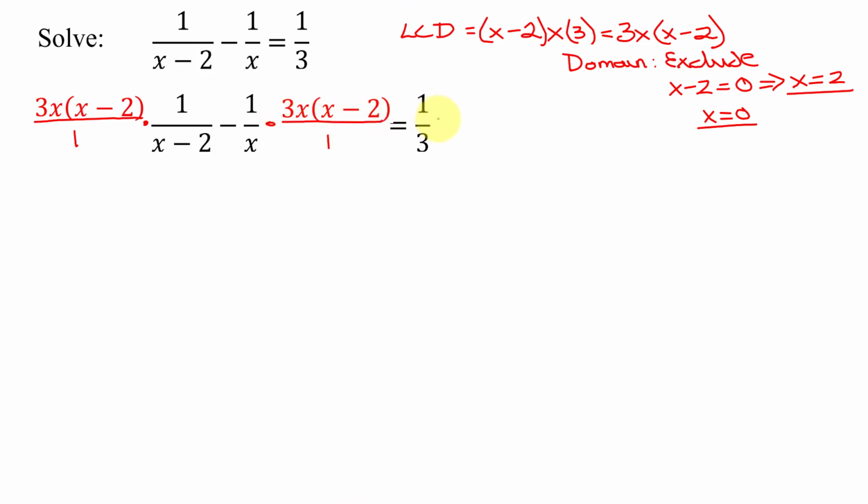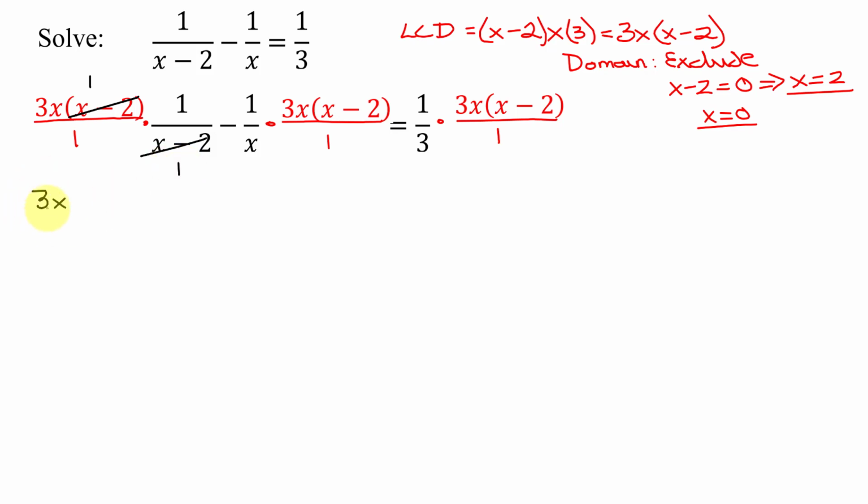And please don't forget, you must multiply the term on the right-hand side also by the LCD. So now I've done that, I'm ready to simplify. On my first term, the x minus 2 reduces, so I get 3x times 1, which is 3x, over 1 times 1, which is 1.